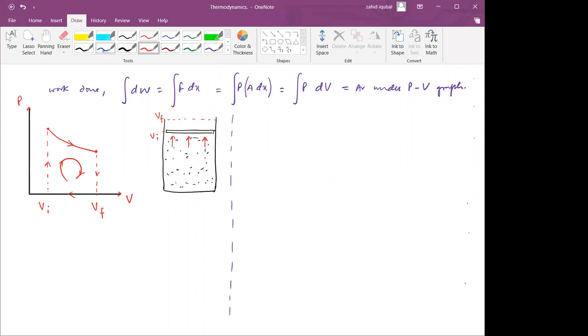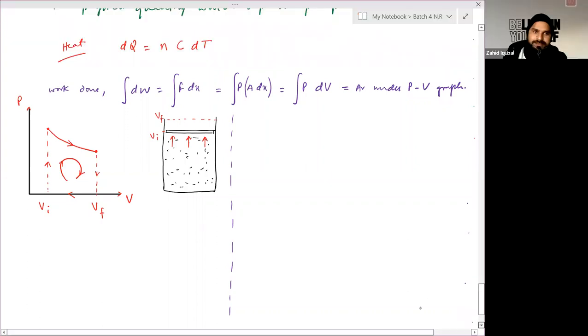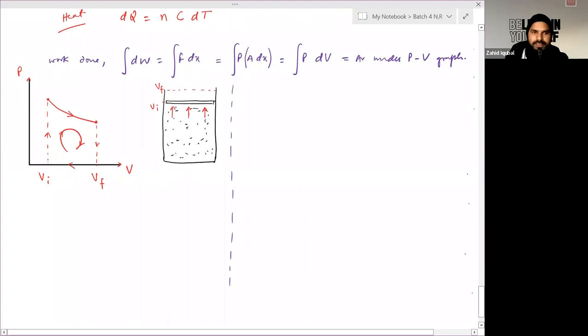Yes, sir. So in this part, since the piston is going up, the volume of this whole system is increasing. So we can say final volume is greater than initial volume. So the difference of volume in this part will be positive. It means work done in this case will be positive. Work done is positive, and this work is done by the system of gas on the piston to expand it.